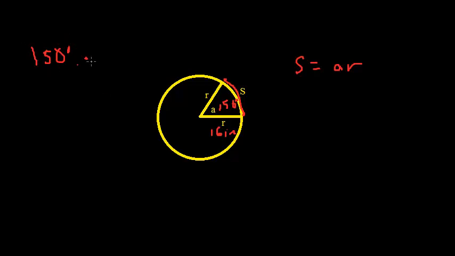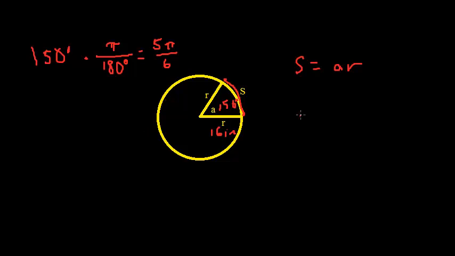Again, if I'm converting degrees into radians, I always want to multiply by pi over 180 degrees. Again, always my degrees should cancel out, so if I'm converting from degrees to radians, degrees should be in the bottom of my ratio. So I multiply this together, and I get 5 pi over 6 as my measurement in radians.